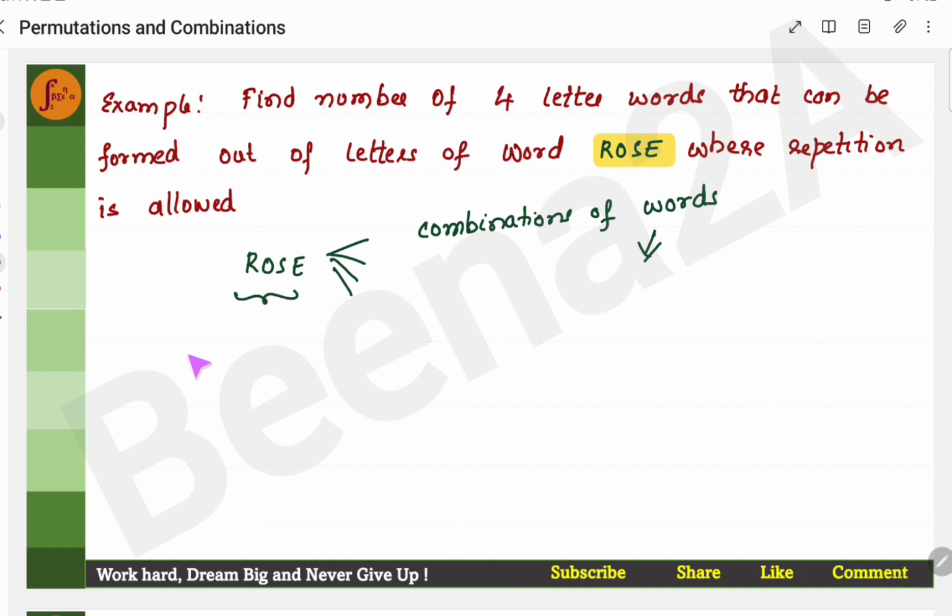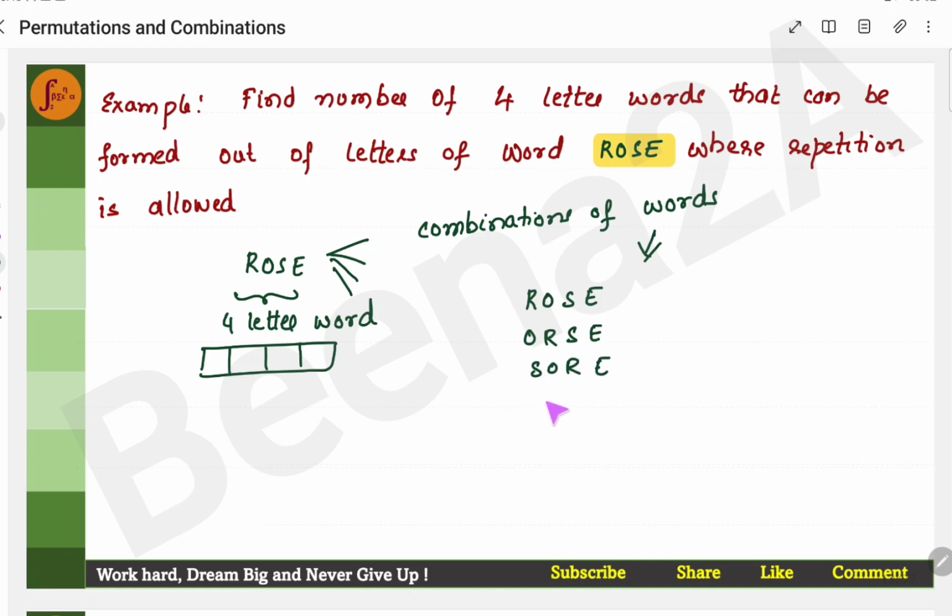Now, say we'll draw 4 boxes here, because you need to form a 4-letter word, right? Now, if you use the tedious, lengthy method, you'll have ROSE, then you can have ORSE, then you can have SORE, then you can have SOER.